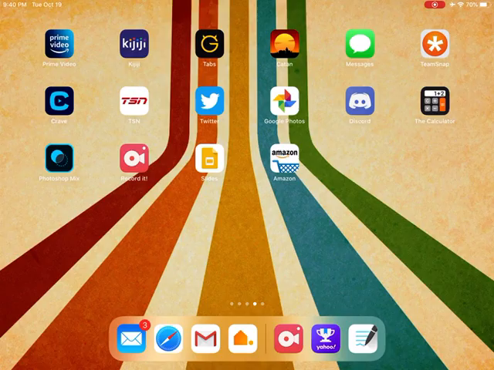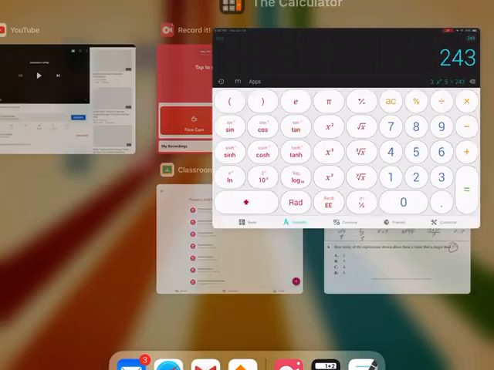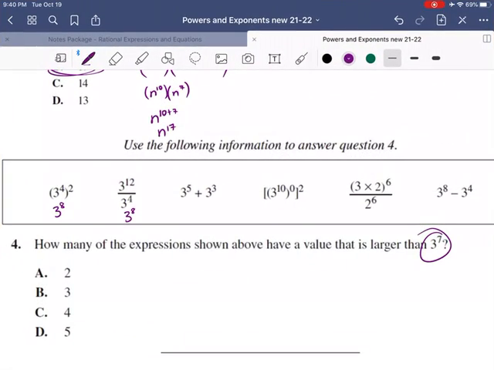Let's see if we can get a calculator here. So 3 exponent 5 is 243. And 3 exponent 3 is 27. So if you add those two, you're going to get 270.